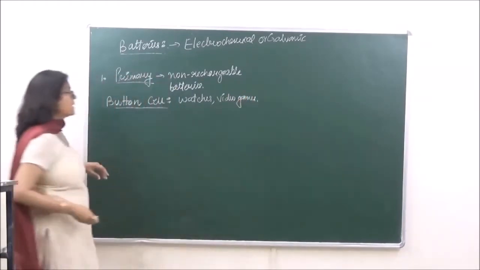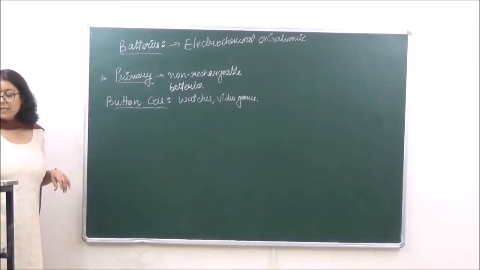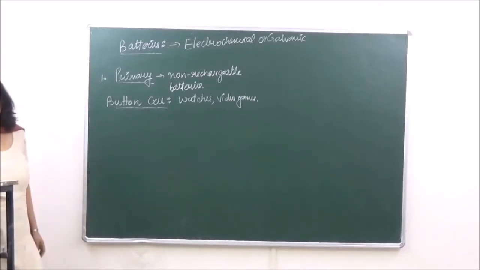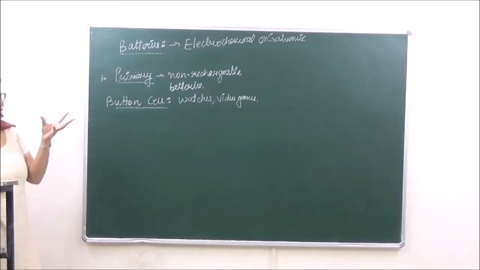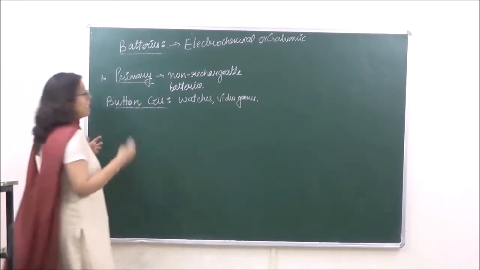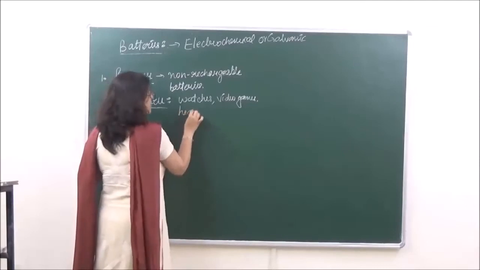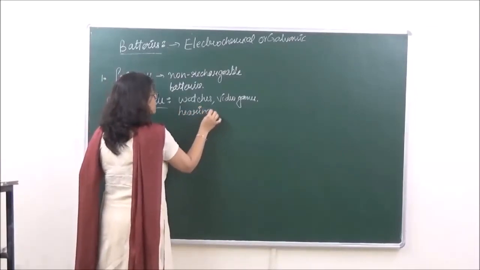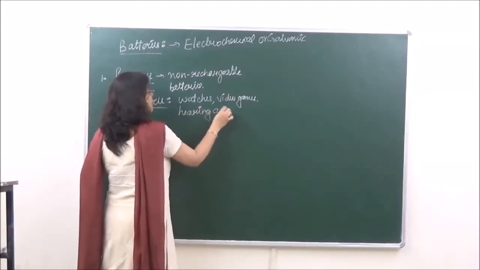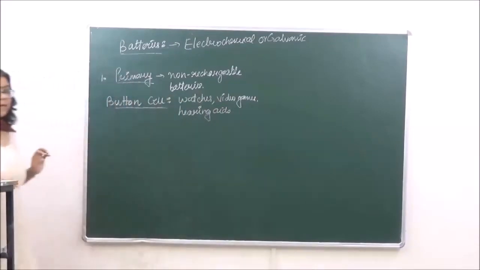These button cells have a very small size, therefore they can be easily portable. Another example is hearing aids, they are also found in hearing aids.